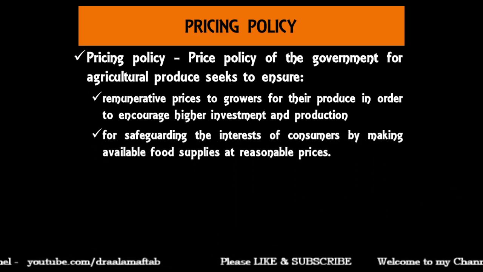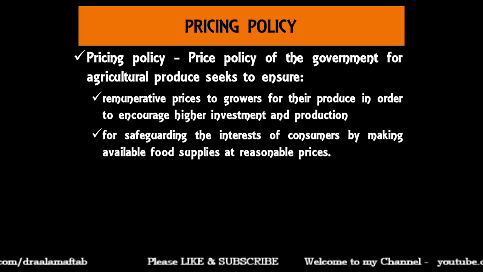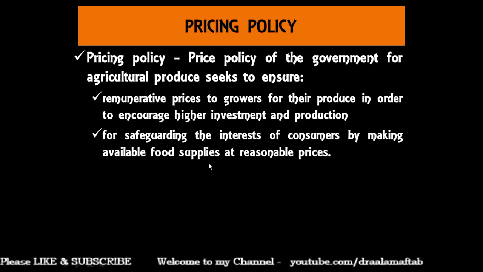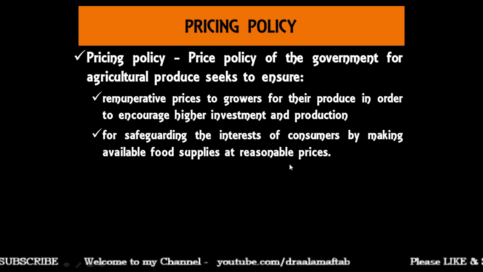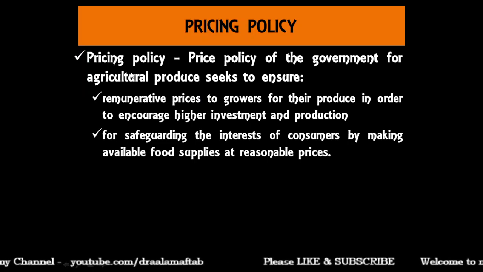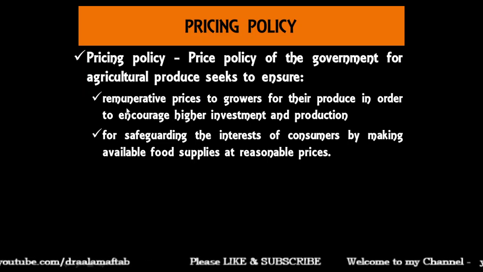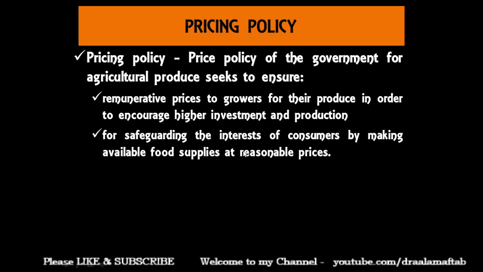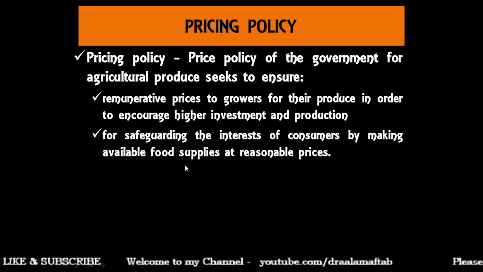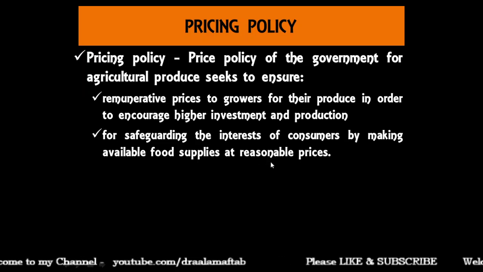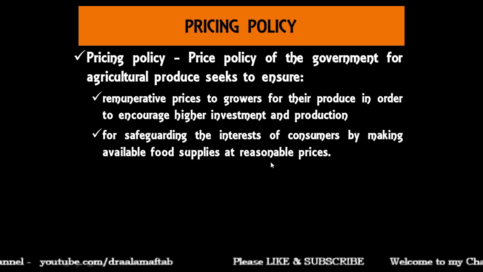The second objective is to safeguard the interest of consumers by making available food supplies at reasonable prices. So the objectives of agricultural pricing policy are two, that is remunerative prices for the farmers and supplying the food at reasonable prices to the people.